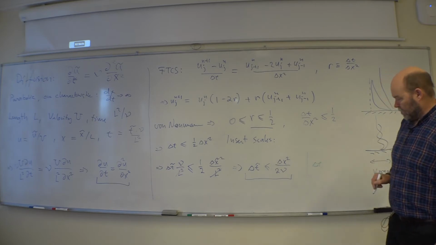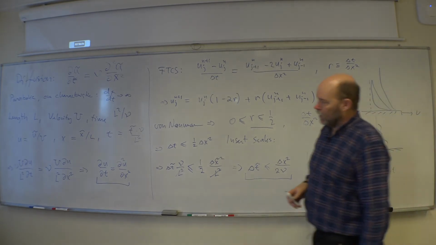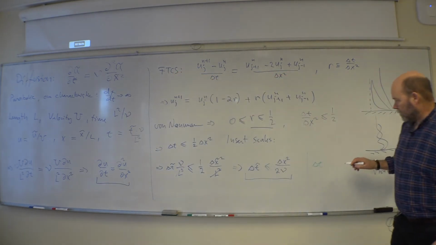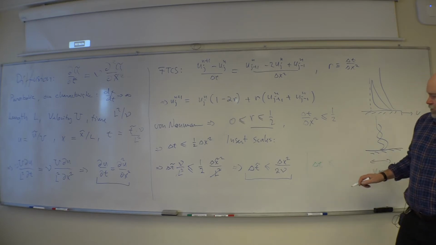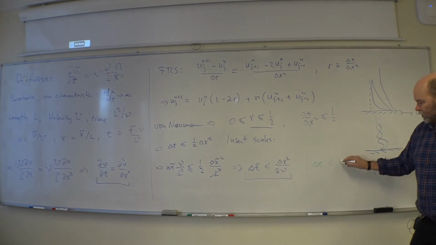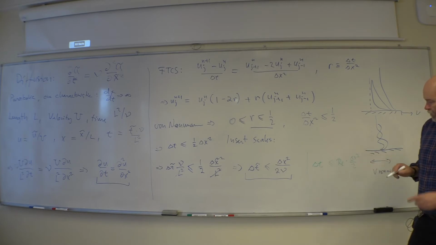delta T. Remember that one is also non-dimensionalized, not with the time scale that we chose there, but the time scale L over U. So there the demand will be something like this. You will have 1 over viscosity, that's actually the Reynolds number, and then delta X square half.